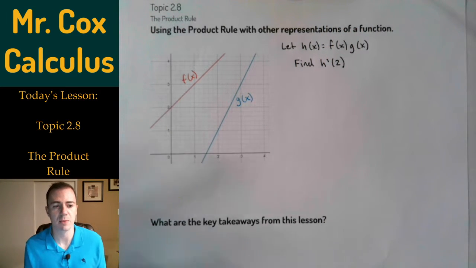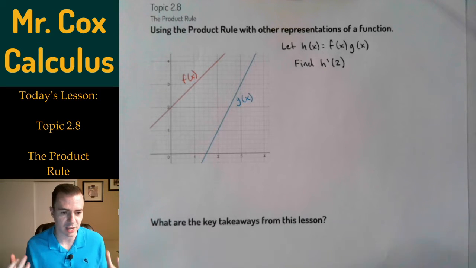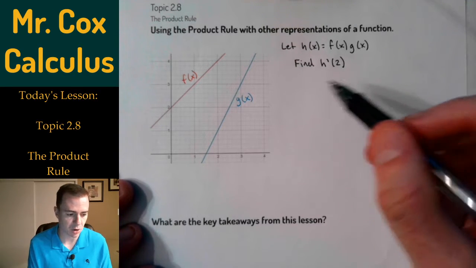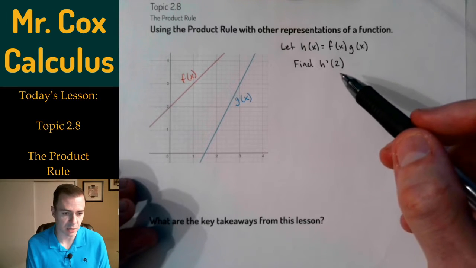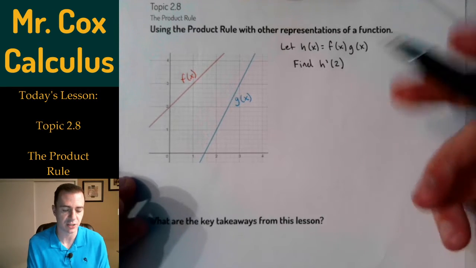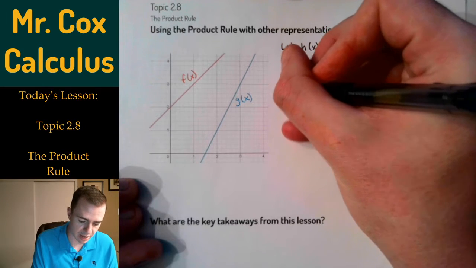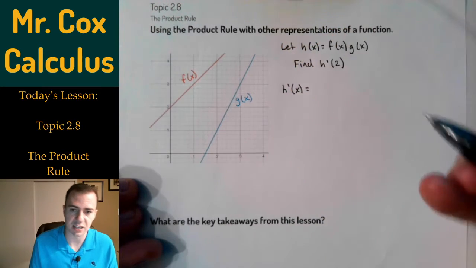Let's just see if we can use the product rule just kind of by its definition and then apply things and see if we can find out the information that we're going to need to find h prime of 2. Well, I know if I want to know h prime of 2, I need to substitute 2 into the derivative of h, which means I need to know what h prime of x is equal to.